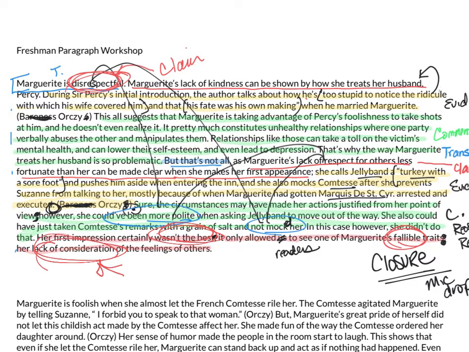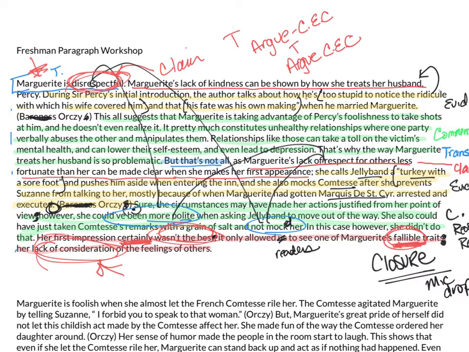The second thing is it should be stronger. Is it stronger? Well, we have certainly. We have the idea that she's fallible, which is a stronger word than any of the words that we have up in this topic sentence. So I would say yes, that closure is good. So what is the exact pattern of what I should see in a paragraph? I should see a topic sentence. I should see two arguments, and each of those arguments would include a claim, evidence, and commentary.